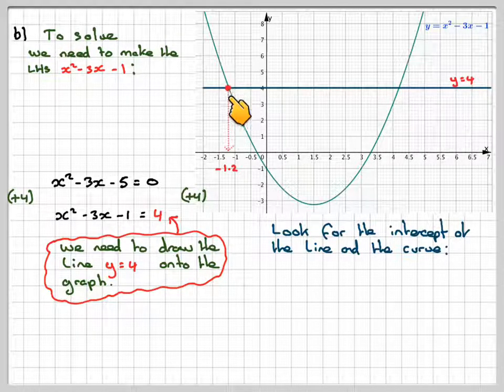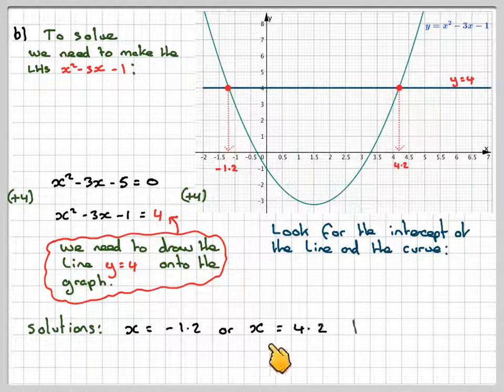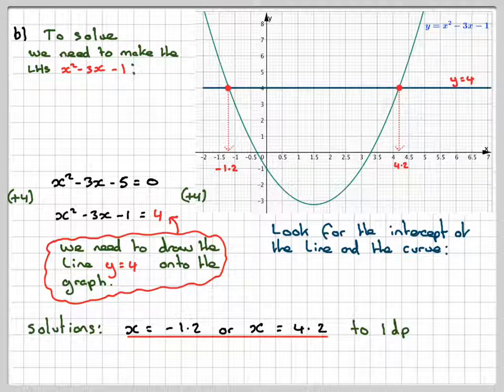We've got that one here coming down, and read off carefully the scale, minus 1.2. The other one here, and you need to show this on your graph to show how you got the solution, gives me 4.2. Therefore the solutions are x is equal to minus 1.2 or x is equal to 4.2 to one decimal place.